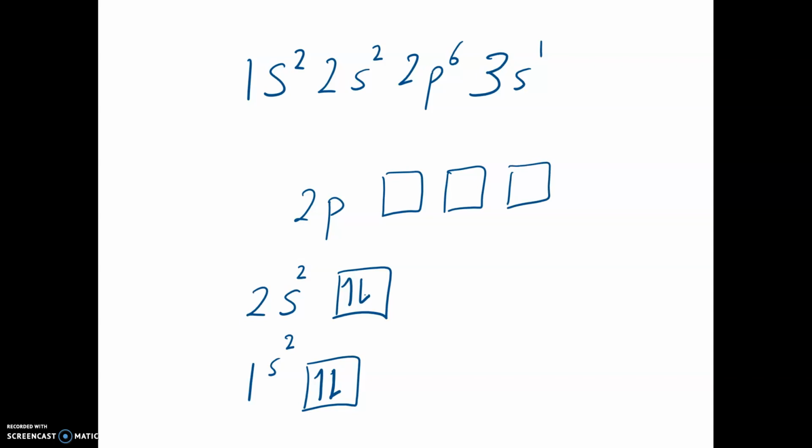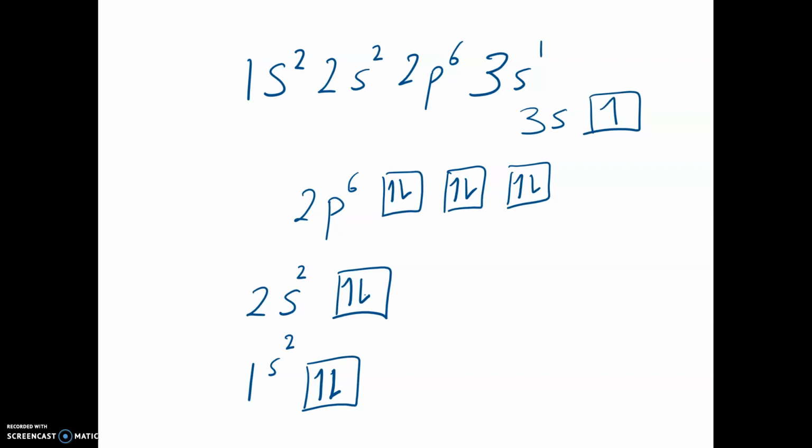Because these 2 seats are full, I'll go to the next one and the next, but because I still have spaces, I can go and fill in my seconds, and that becomes 2p6. And if you look at 3s, I only have 1 electron.